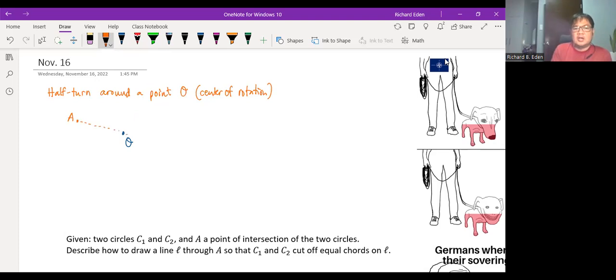So it's going to be another point on the plane, A prime, so that O is the midpoint of A and A prime. And then if we have another point, B, the reflection of B, let's call it B prime.